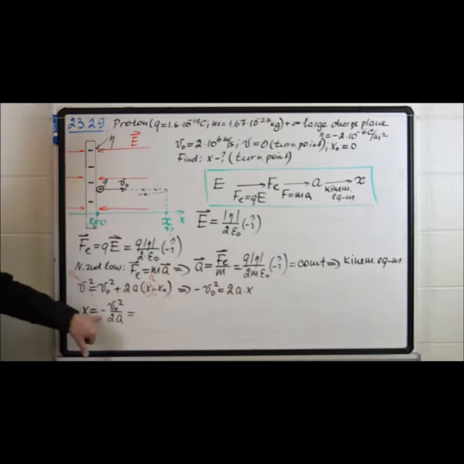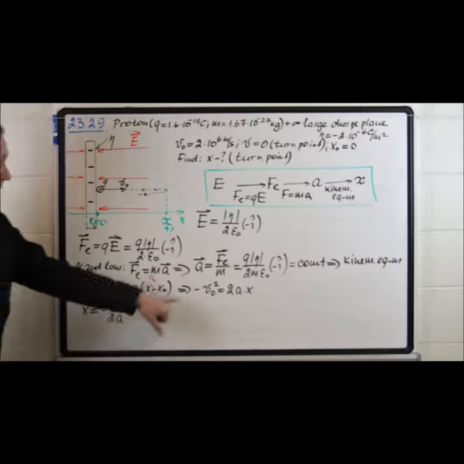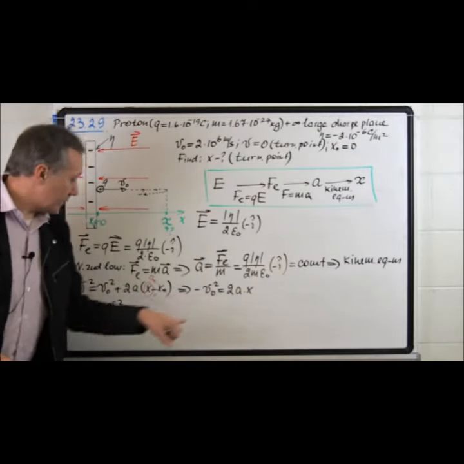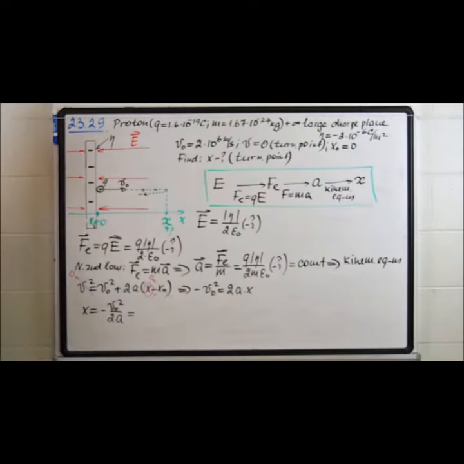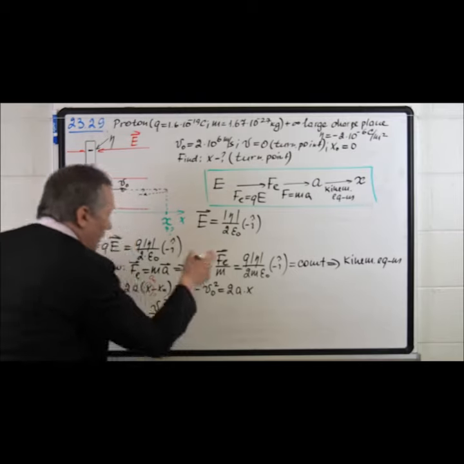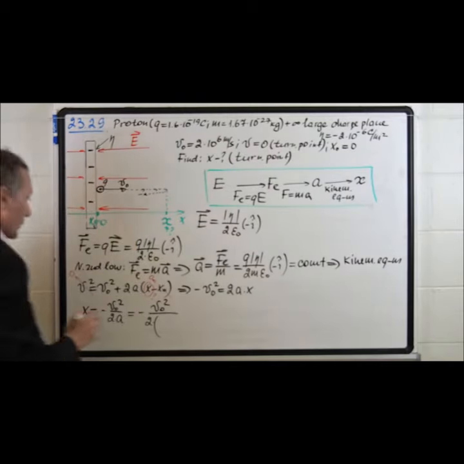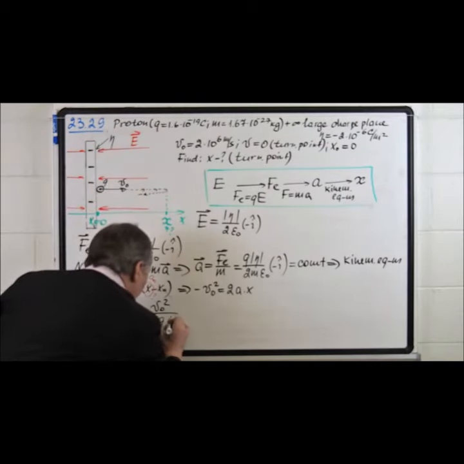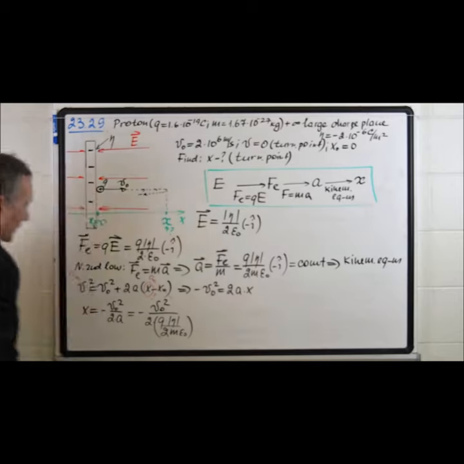Again, don't worry about this minus, because this minus will come from acceleration, canceling that minus. So it will be minus v naught squared divided by 2, and our acceleration, which we just found, q absolute value of eta divided by 2 m epsilon naught.